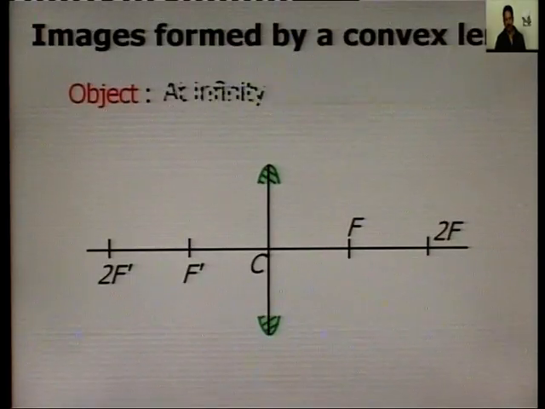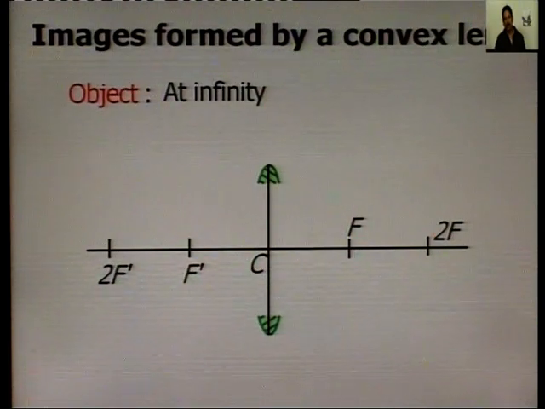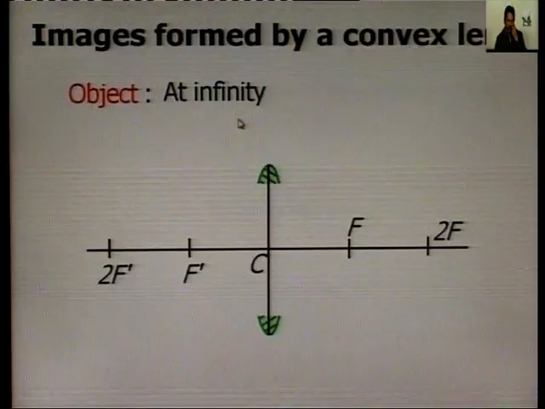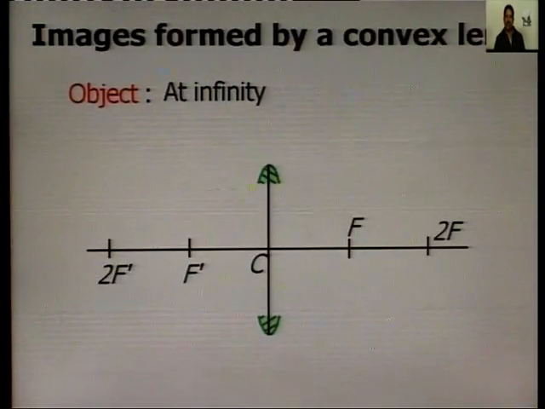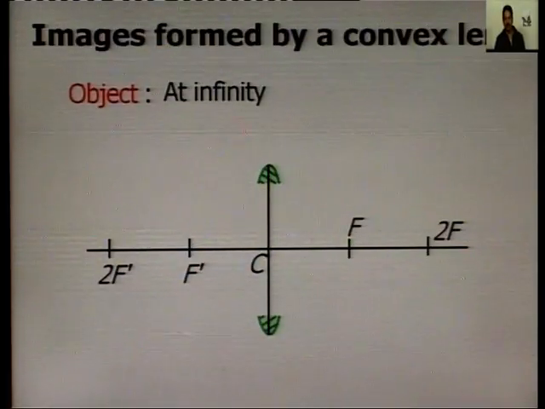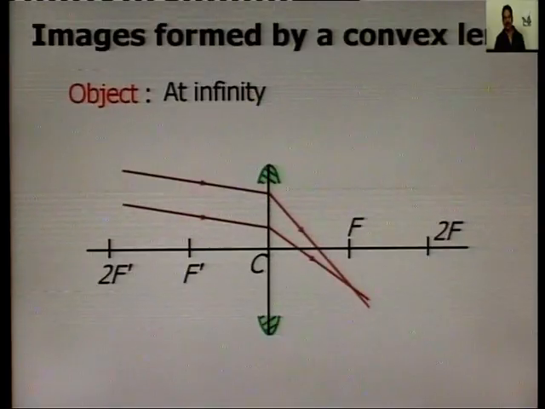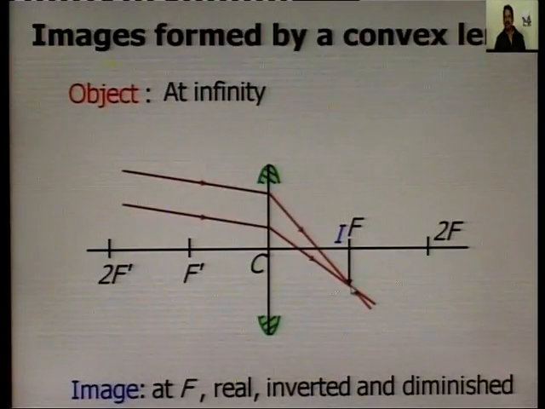So, first of all, we will discuss a situation when the object is at infinity, and when the object is at infinity, the rays of light coming from that object will be parallel to each other, and these parallel rays of light after refraction through the lens will meet at a point which is called principal focus.